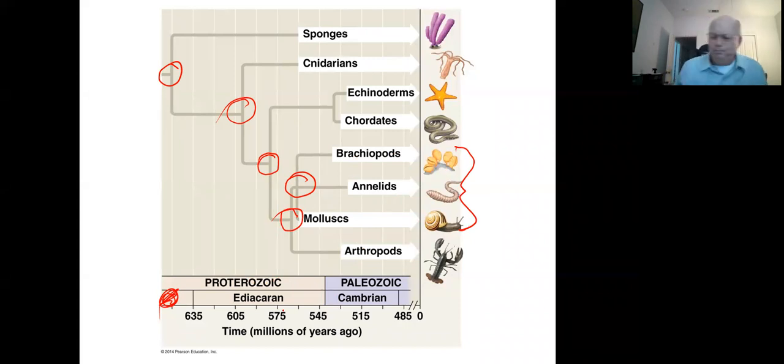So why make a big point of that? Because there are a lot of people today who feel that using the term explosion is inappropriate, that in fact explosion should be put in quotation marks. It's not an explosive, or maybe not as explosive, a radiation or diversification of animals as we once thought.